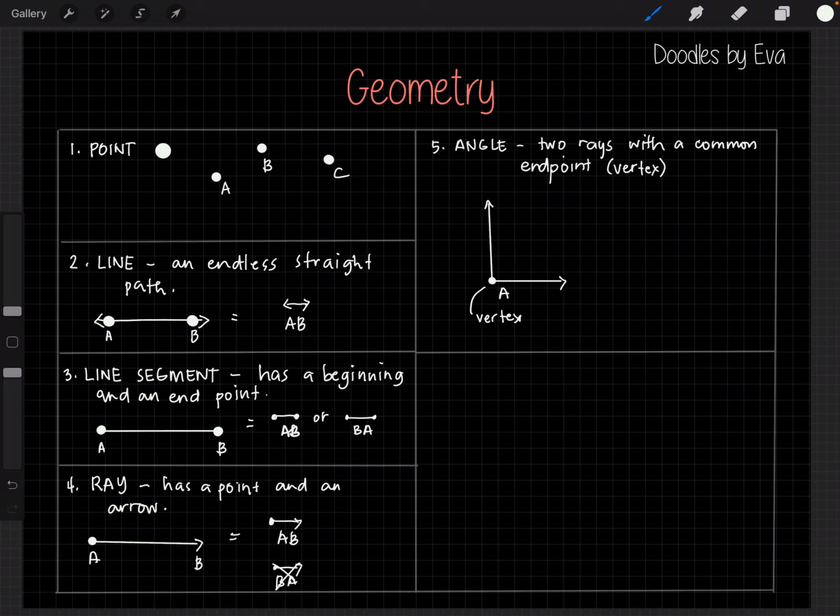There are different ways to describe an angle. For example, if we place a letter A at the vertex, this could be written as angle A. Okay?